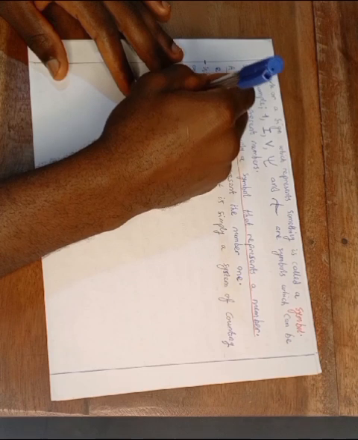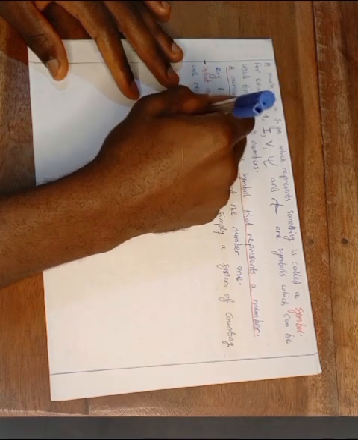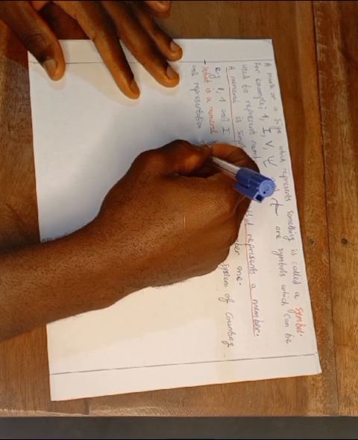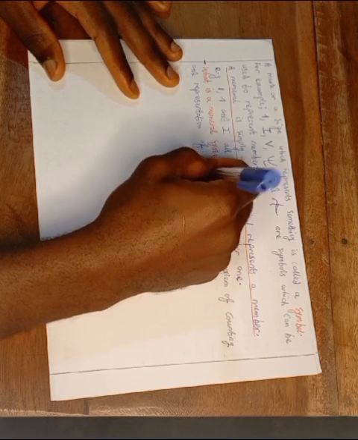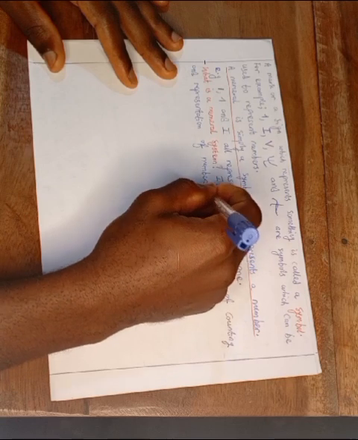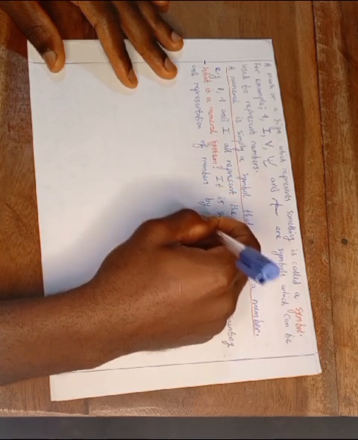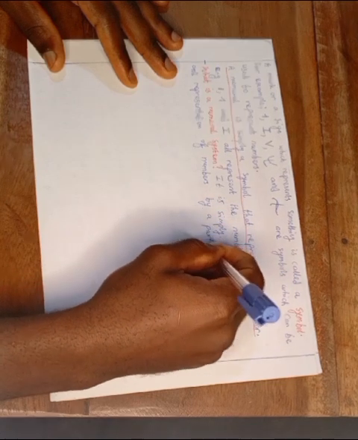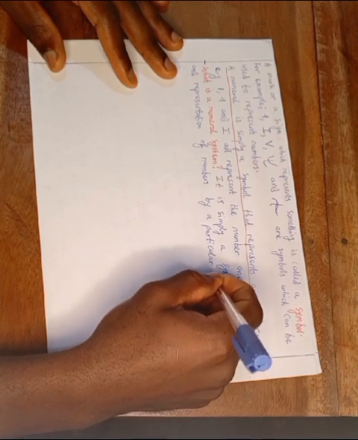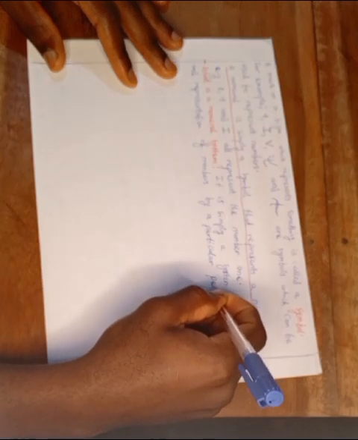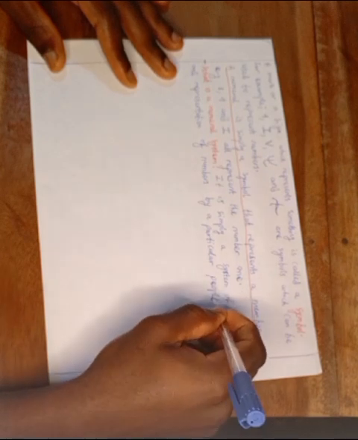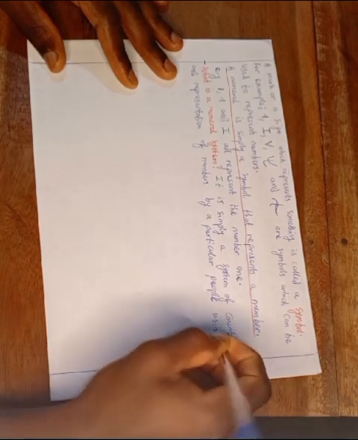and representation of numbers by a particular group of people using specific symbols.